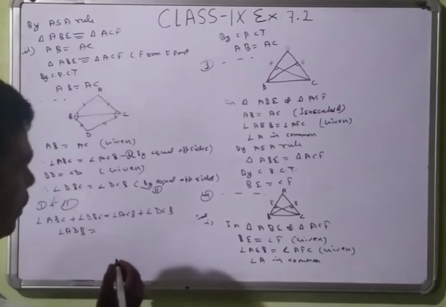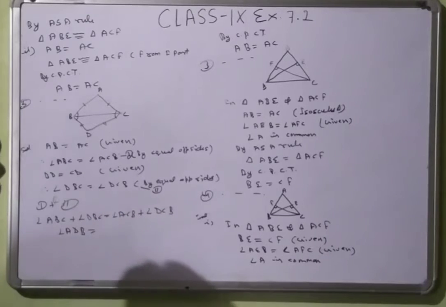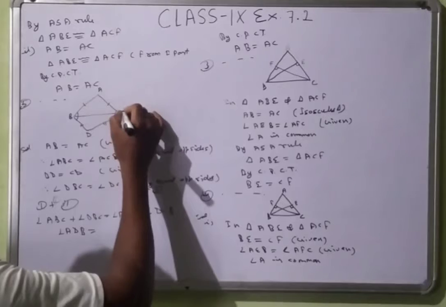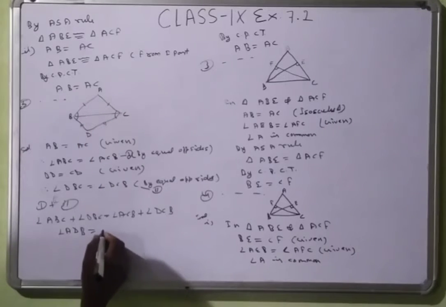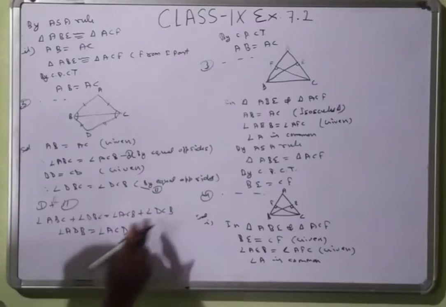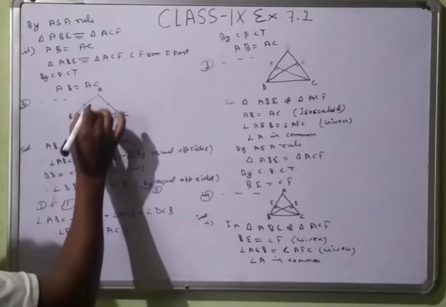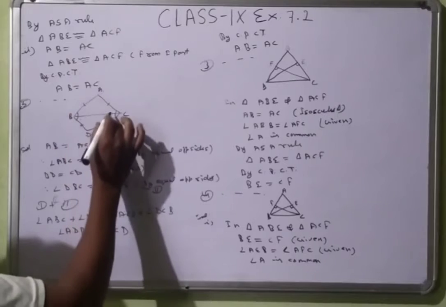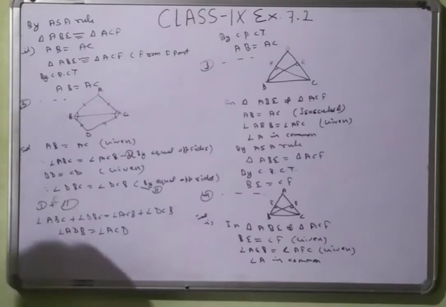It's a simple thing also. Here the C is cancelled, here the B is cancelled. It means when we add this angle, that combined angle will be ABD, and this angle combined will be ACD. That is proved.